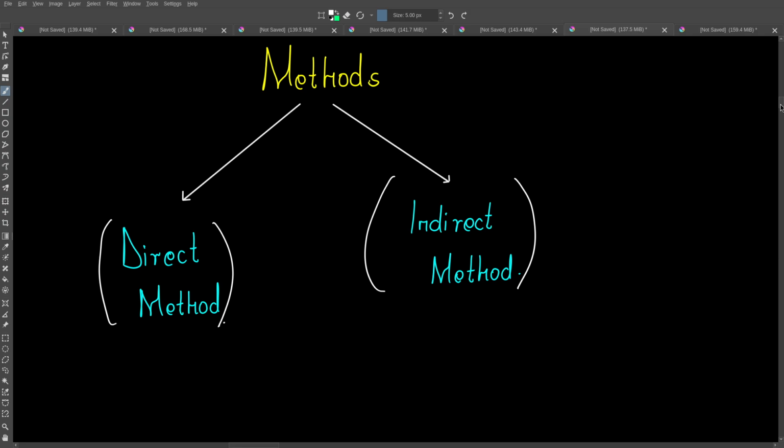We are going to see the difference once we prepare using both methods. The indirect method is usually used by major corporations. You'll find most banks and insurance companies use it, and they are actually required to use the indirect method.